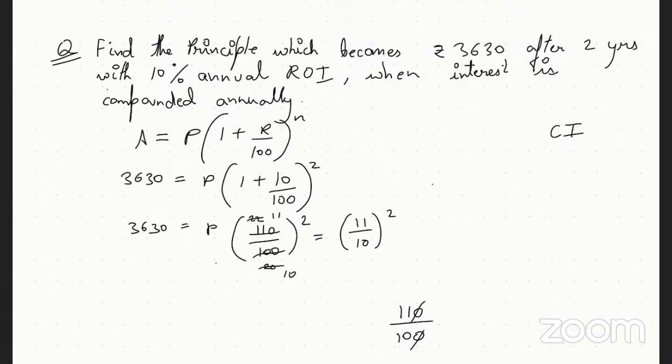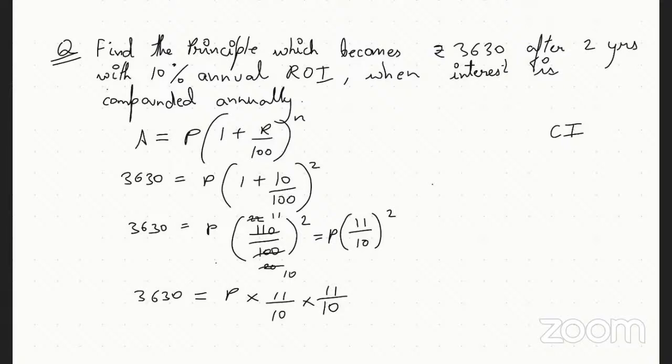And here is P. Now I'll expand this and write it like this: 3630 equals P multiplied by 11 by 10 into 11 by 10, because we multiply the principal.